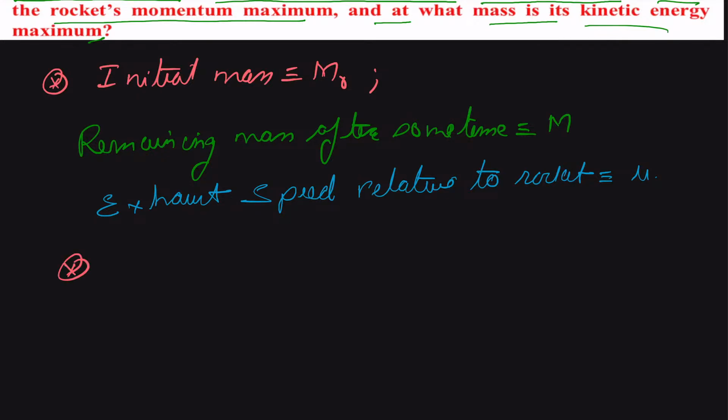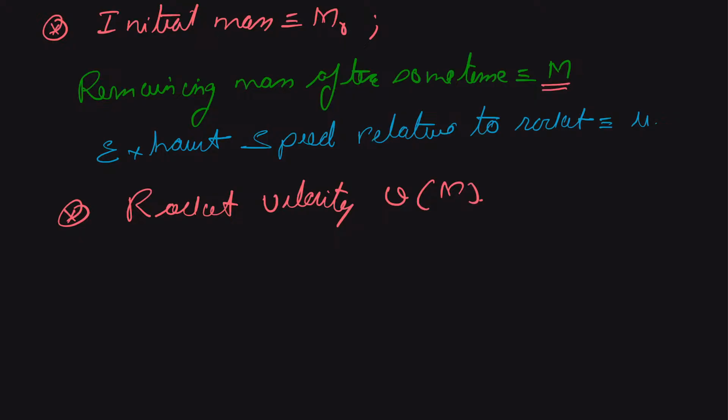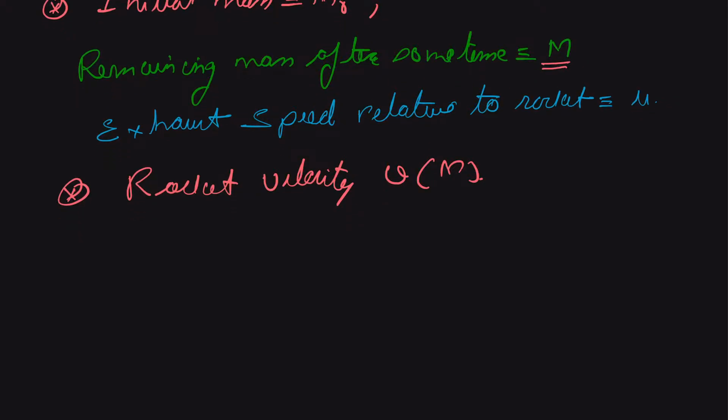Okay, so let's find out the rocket velocity when the mass is M. Rocket velocity, let us call this as our v of M. Okay. And so at any instant, let us consider that the rocket mass is our M, that is given in the question. So we start from there only.